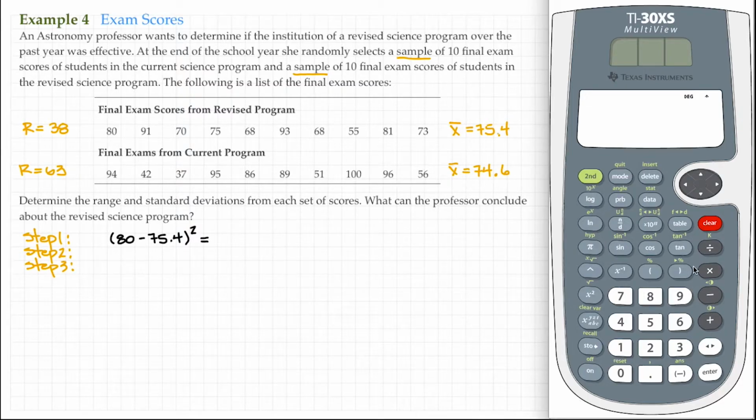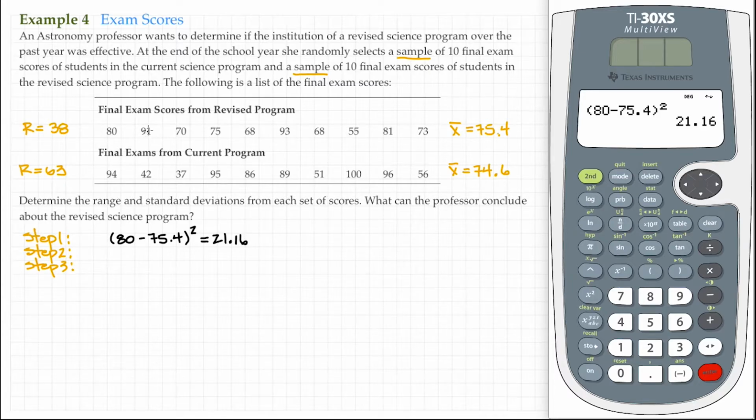Back to our calculator. We have our parentheses here. We can type it in exactly as we see it here: 80 minus 75.4. Close off that parenthesis and square it. 21.16.